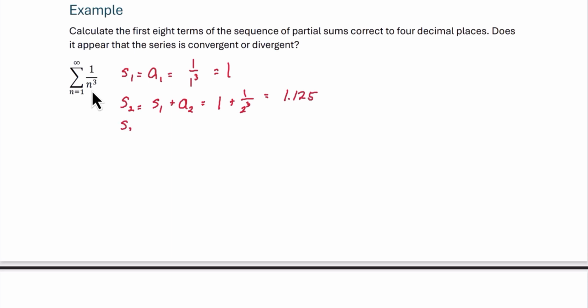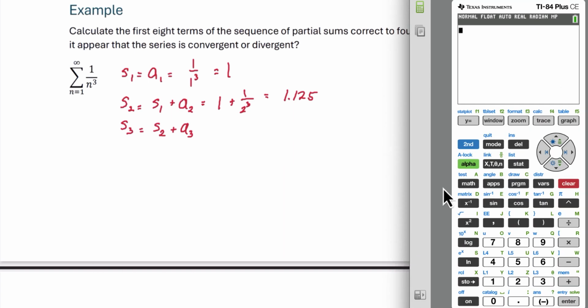S3. We have the previous sum, S2, plus A3. And for this, I'm going to start using the calculator. We're going to start getting some decimals, and it'll be easier with a calculator. So we have S2, which was 1.125, and we're going to add 1 divided by 3 to the third.